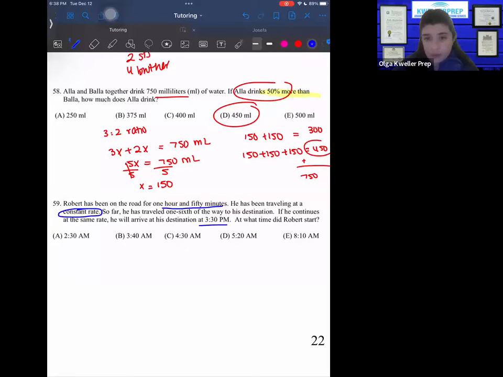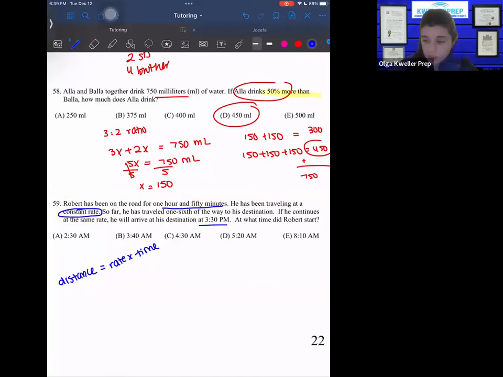Okay, so who knows the relationship between distance, rate, and time? Yeah, good, right? So distance is equal to rate times time. And we can manipulate this expression, right?